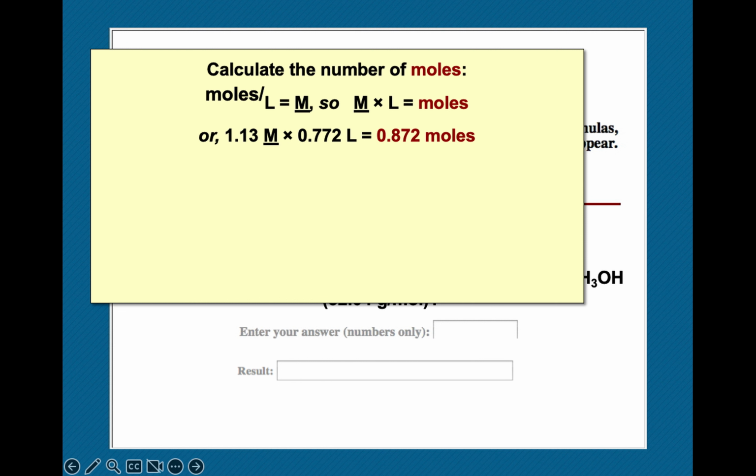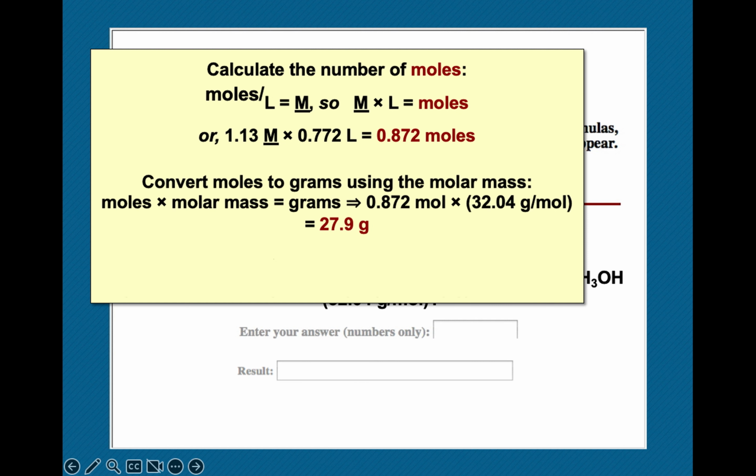Here we substitute, we have 0.872 moles. Now we need to convert that to grams, but we can do that because we know the molar mass in grams per mole. This is our given, here's our ratio, simply multiply them out, and we get 27.9 grams.